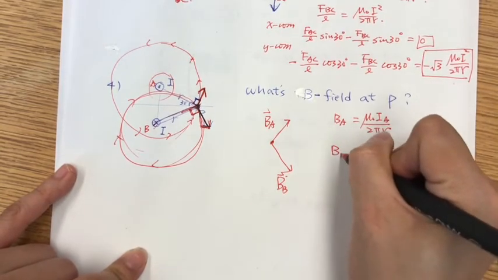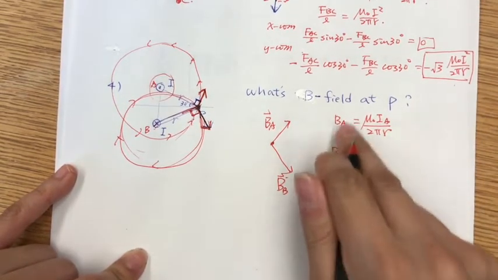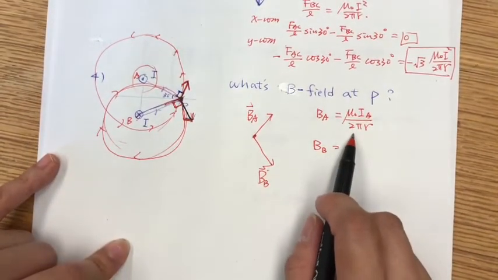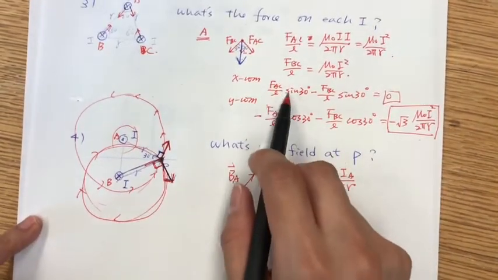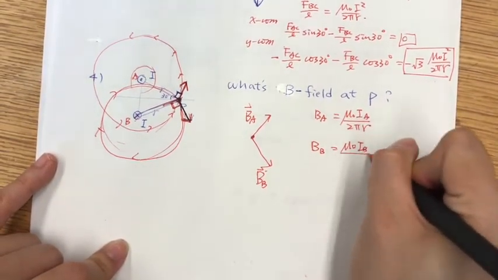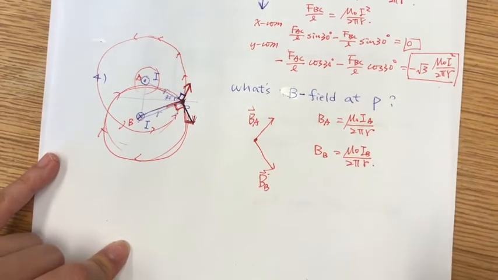Okay, and the magnitude of that field caused by B is mu naught IB over 2 pi r.